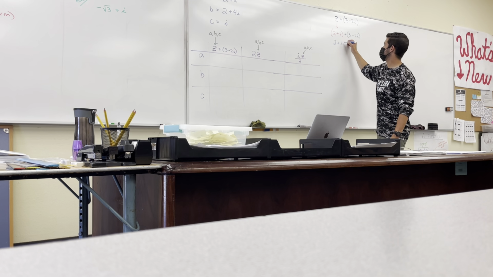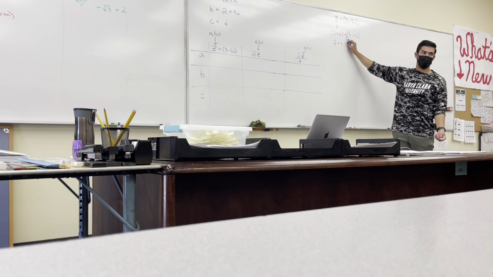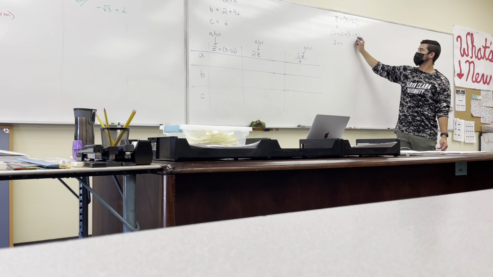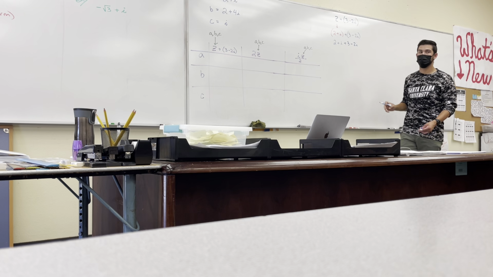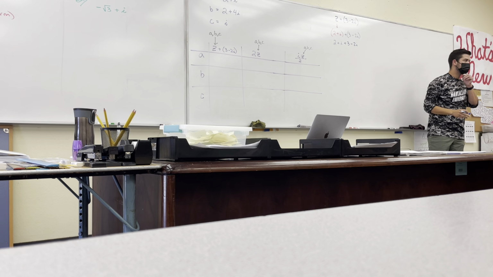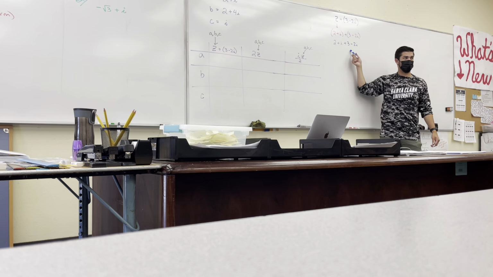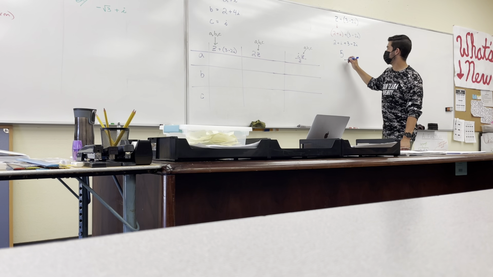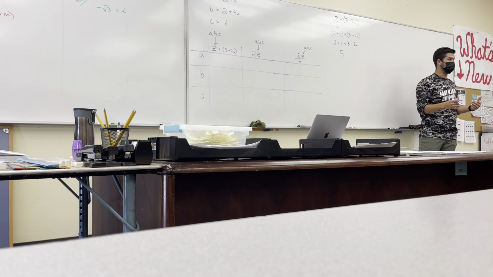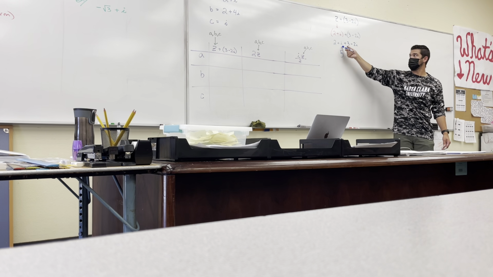We get 2 plus I. The plus sign is just a plus 1, so we can distribute that in. We get plus 3 minus 2I. Does anybody remember how to simplify that? Yeah, combine the A terms, combine the B terms. So we get 5, and then we get 1I minus 2I.